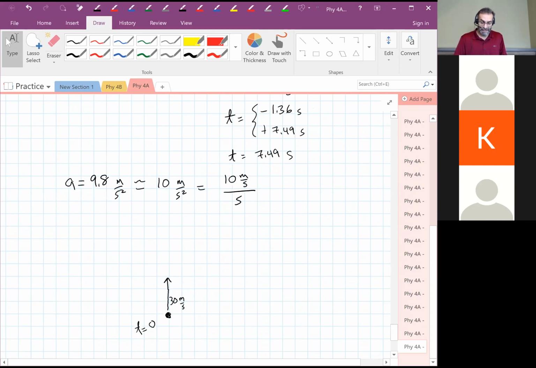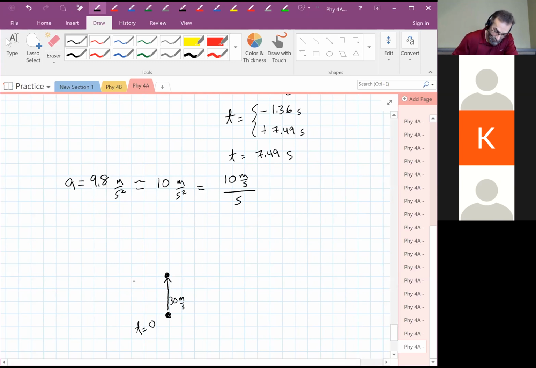Okay, so let's think about this. At t equals 0, the ball leaves our hand at the top of the cliff, or wherever we are, going up at 30 meters per second. Now, 1 second later, how fast is it going? If we had a strobe light going off and we were drawing a motion diagram, the ball would appear right there.